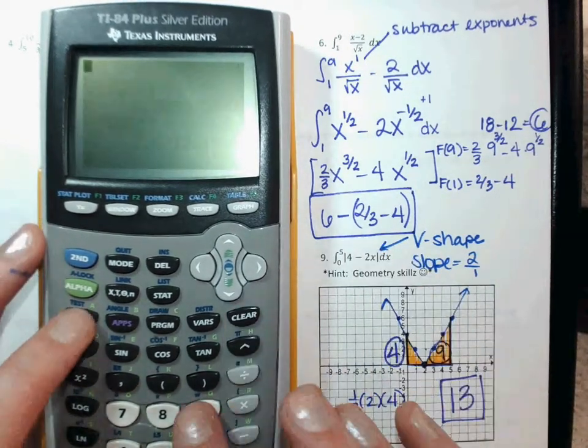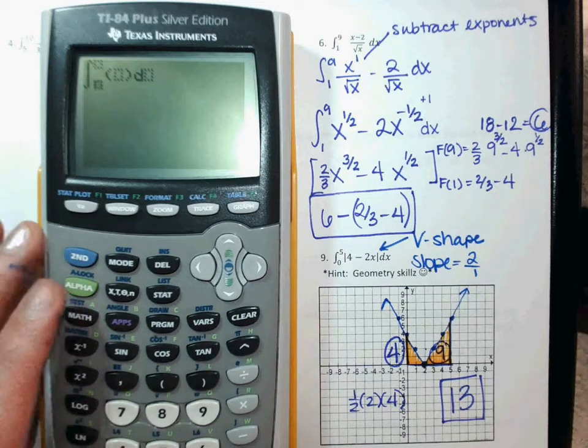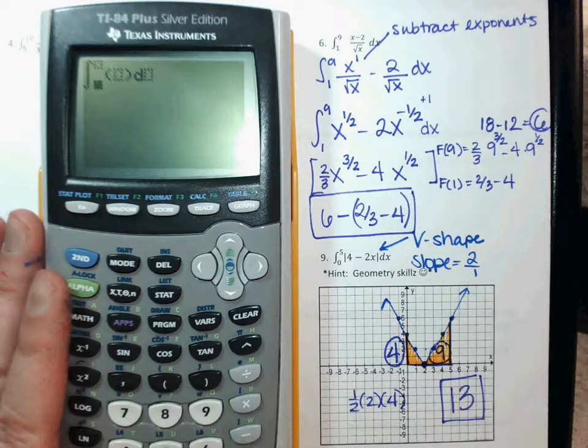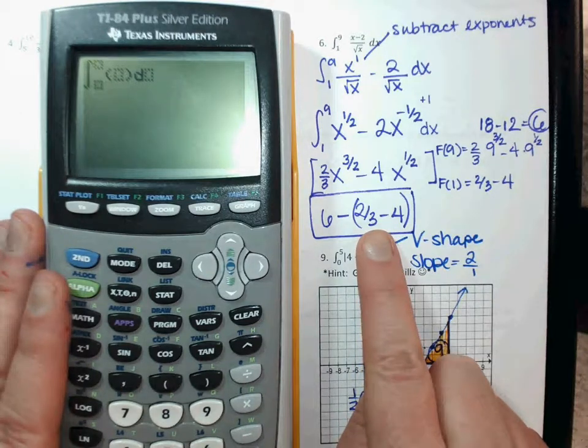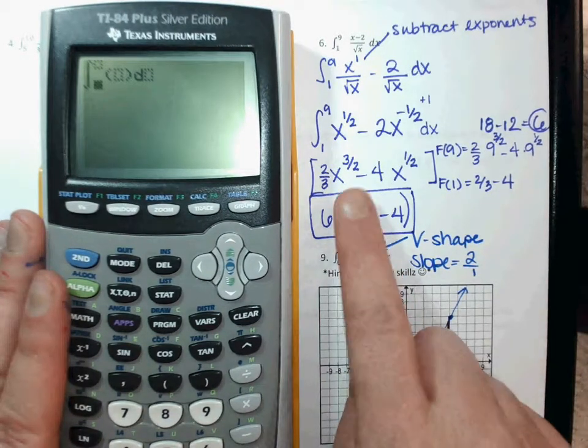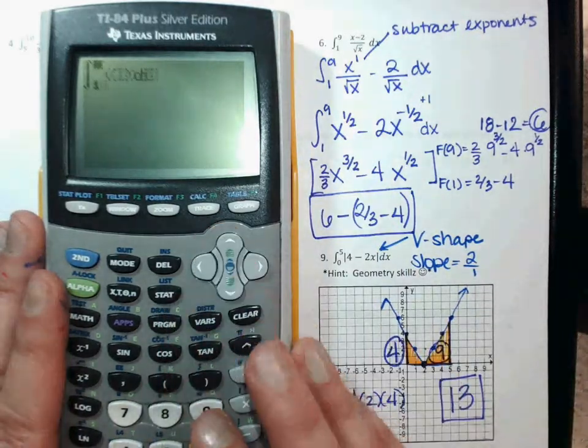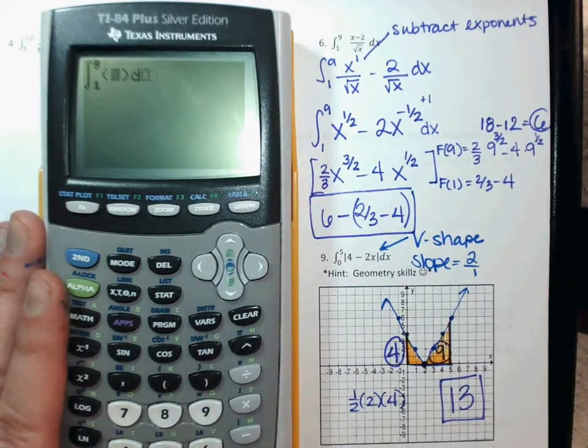So if you go to Math 9, boom. Now obviously this number came out ugly, so our decimal is going to come out ugly, but watch. I'm integrating from 1 to 9. And then you would type in your expression here.